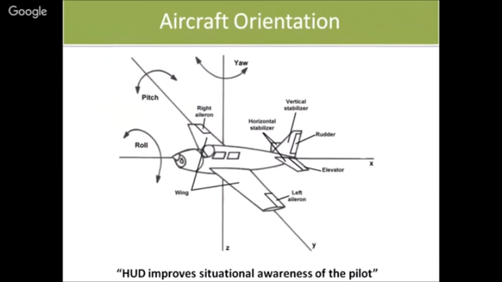At the back top fin, it basically controls the yaw. And then you have these elevators at the back fin. They basically control your pitch. Okay. So the HUD basically improves the situational awareness of the pilot, and how, I will show you later.